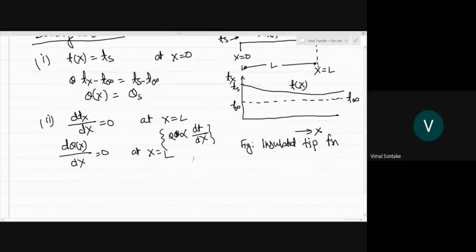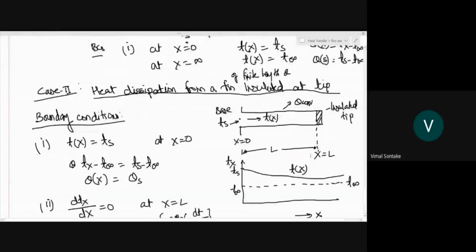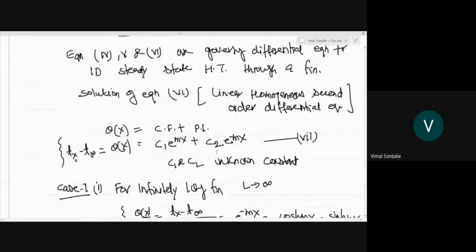Now we have two boundary conditions for case number 2, and we have the solution of the governing differential equation in order to find out the value of Tx, that is equation number 7. Now let us put these two boundary conditions for case number 2 into equation 7 one by one.